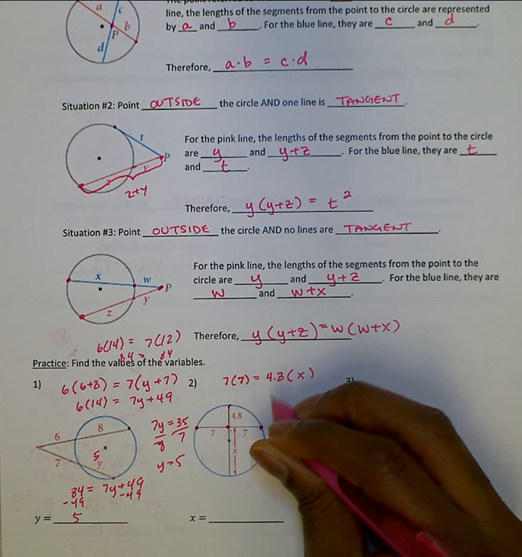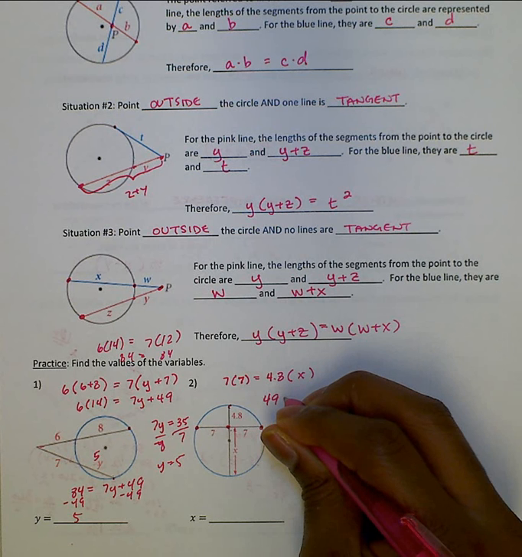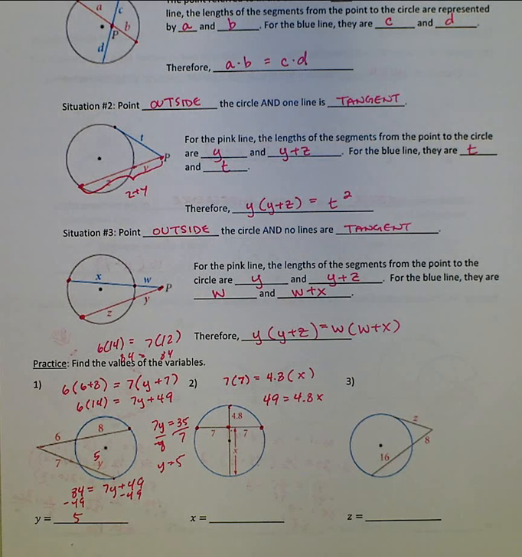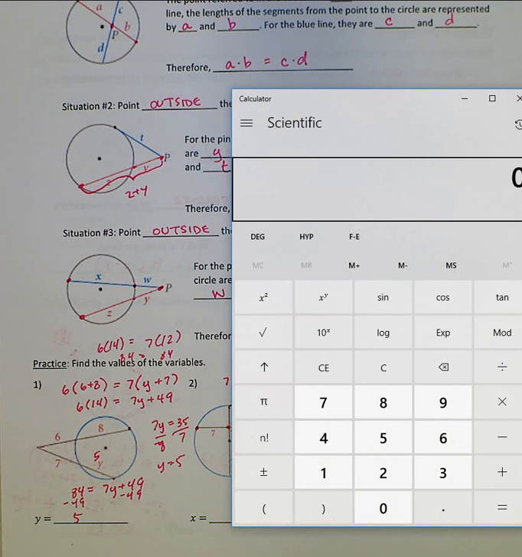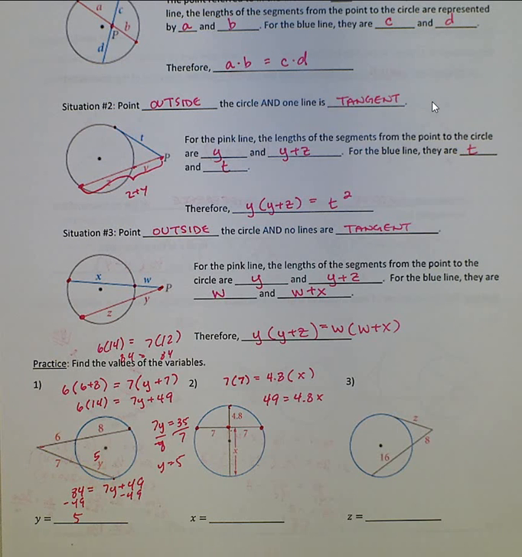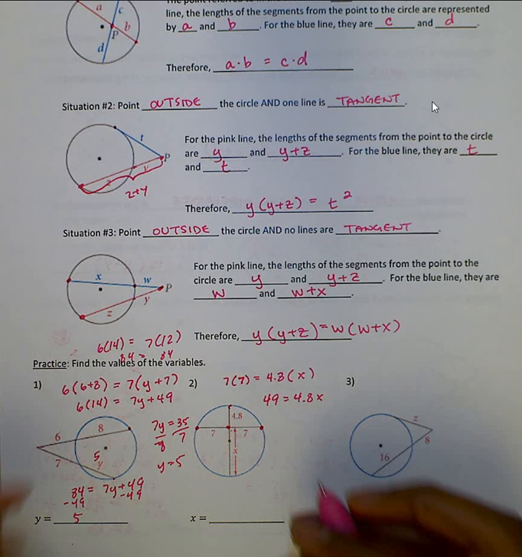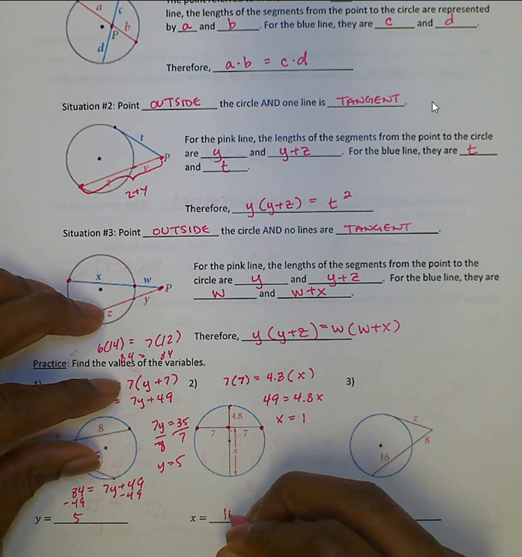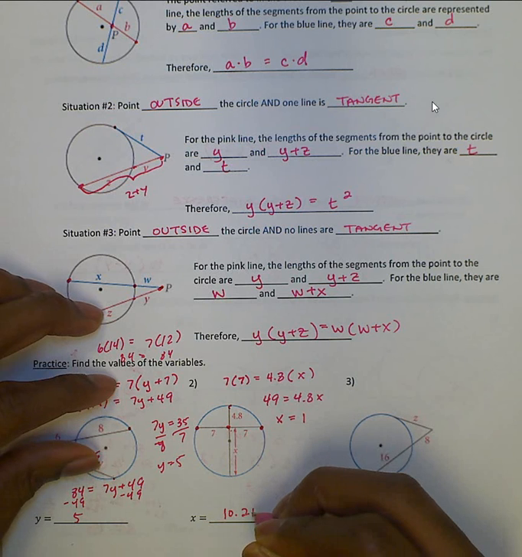So we have 49 equals 4.8x. We'll divide 49 by 4.8, and I can do it up here. 49 divided by 4.8 is 10.21.